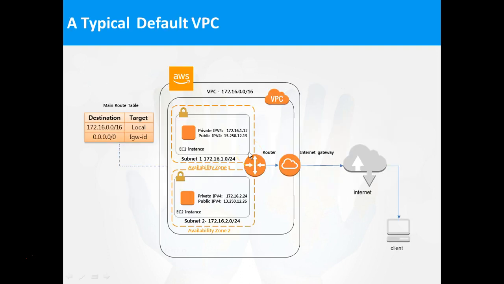This is the architectural diagram of a VPC. Here in this VPC you can see two subnets created in the respective availability zones. If your region has 3 availability zones, by default 3 subnets will get created, one in each availability zone by AWS, and by default this VPC has access to the internet with the help of an internet gateway.